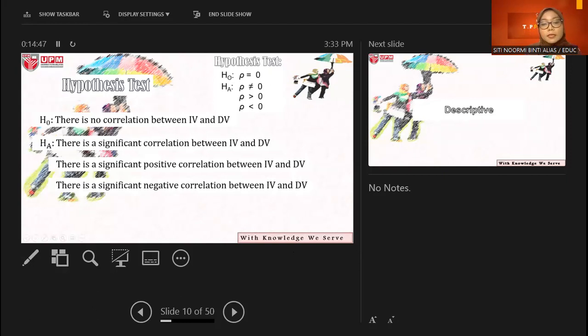Another one, there is a significant and negative correlation between IV and DV. Or you want to indicate your hypothesis in two tail, in which you do not indicate any direction on the relationship between your IV and DV. An example is: there is a significant correlation between IV and DV.